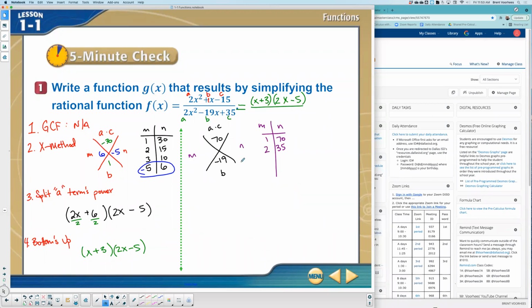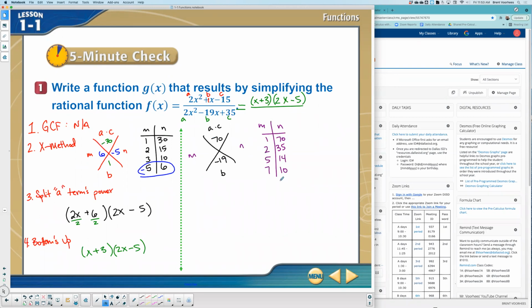Okay, what about 4? 4 would go into 80, so no, it won't go into 70. What about 5? 5 does 14 times, and 7 also does. 6 does not, but 7 does. 7 goes in how many times? 10. Okay, out of this list, we got to get a combo of negative 19.